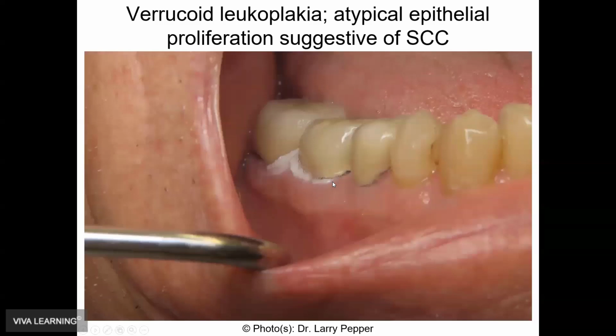That's not good because we don't know what it's doing crawling down the crevicular epithelium. So this simple little white lesion right here was something that pathologists call atypical epithelial proliferation. And this is suggestive of either a squamous cell carcinoma or something that's going to be a squamous cell carcinoma. So this was a very advanced dysplasia, if not frank carcinoma.